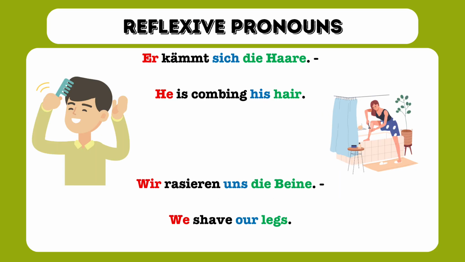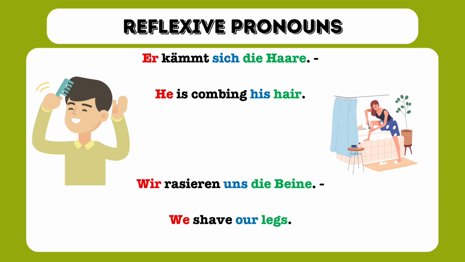Kämmt sich die Haare. He is combing his hair. Here we have he and himself being combed, but the hair is technically the thing being combed, so the hair becomes the accusative object, the direct object, and the reflexive pronoun is used in the dative case, sich. Kämmt sich die Haare. Wir rasieren uns die Beine. We shave our legs.